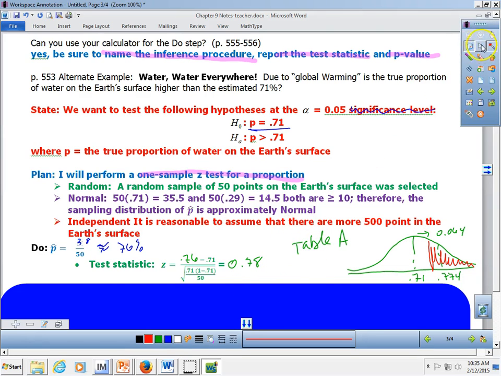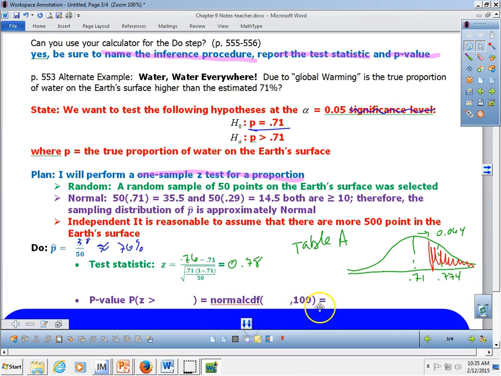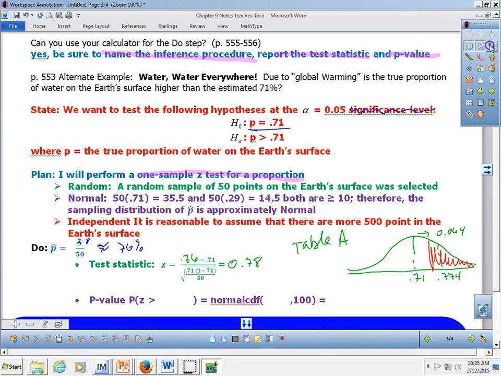Okay? So we can go to table A and look for 0.78, subtract that value from 1, or we can go into normal CDF, right? And so we're looking for Z being greater than 0.78.